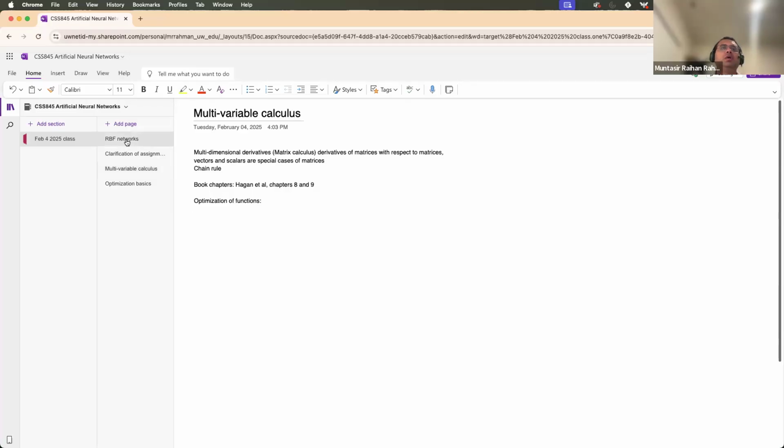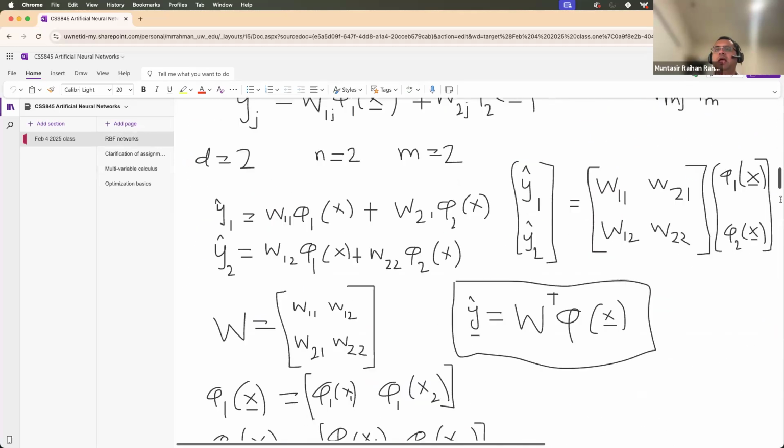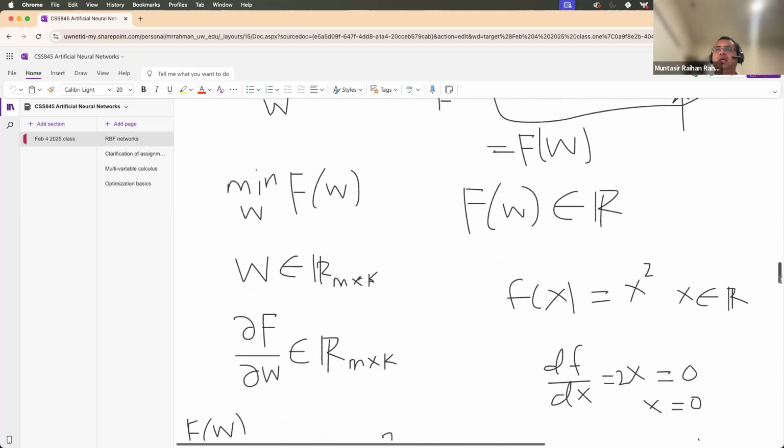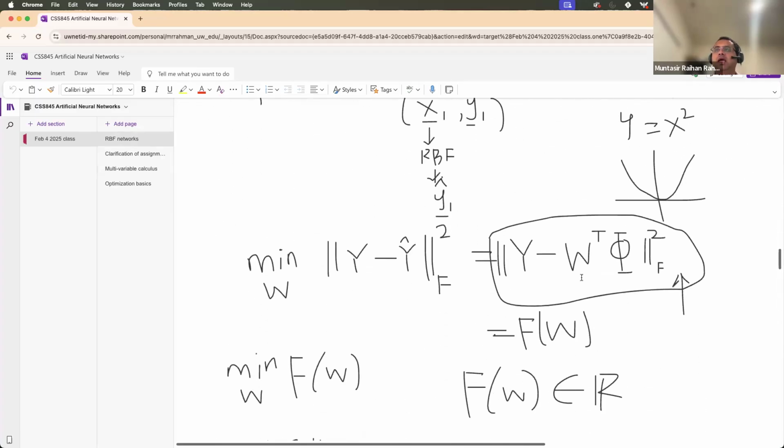So if you recall from the RBF class, at the end, finally, we formulated this as a minimization problem, right? So basically, we are trying to find the matrix W such that this function is minimized, and that is exactly an optimization problem.